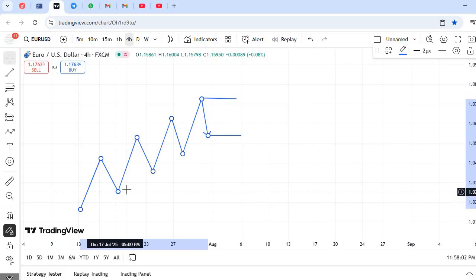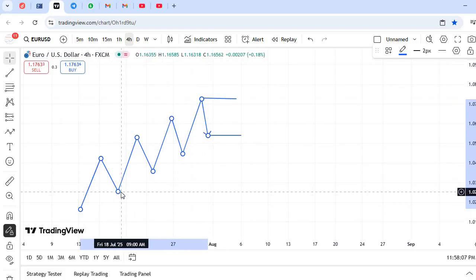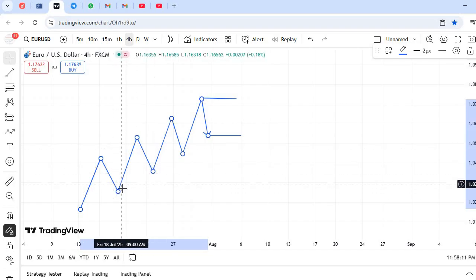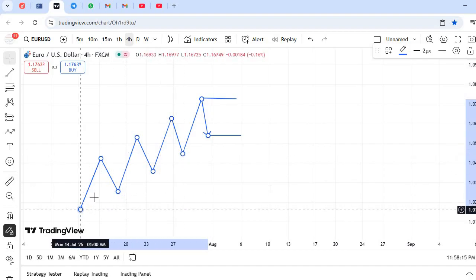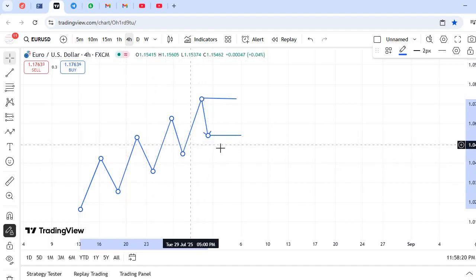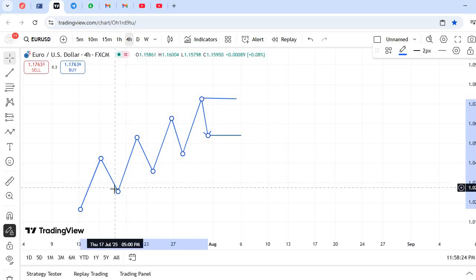These lows are not expected to be taken out. Like this is the first low, this is the second low. So these lows, they are not expected to be taken out.